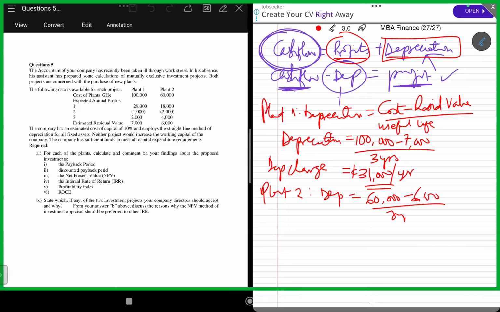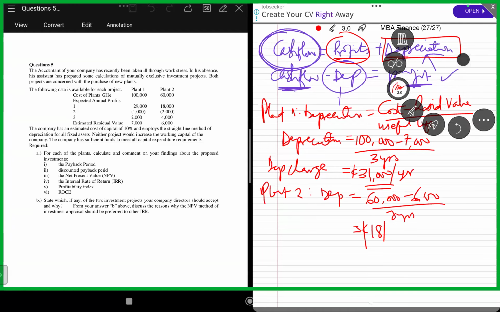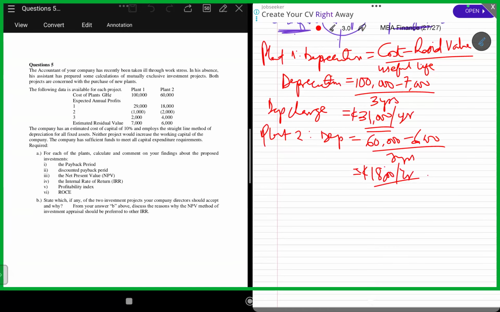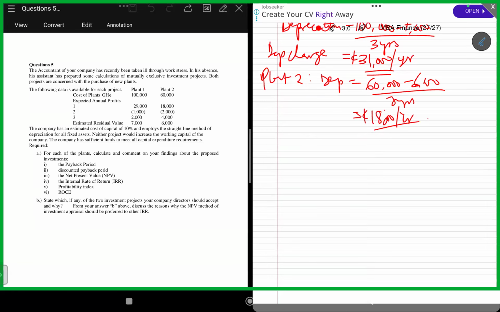Divided by 3 years. So 60,000 minus 6,000 is 54,000, divided by 3, which gives 18,000 per year. Is that correct? Are you good? Done.